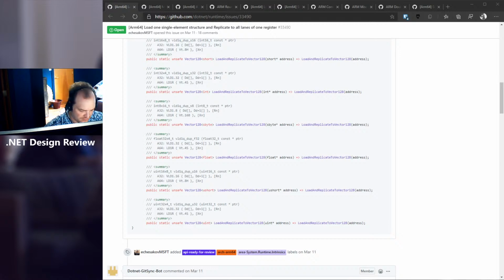Broadcast just replicates the given value to the vector. Replicate is the term used on ARM, and broadcast is on x86.